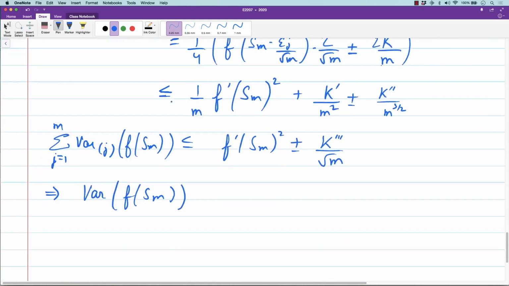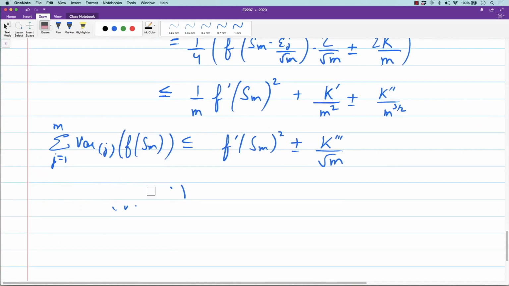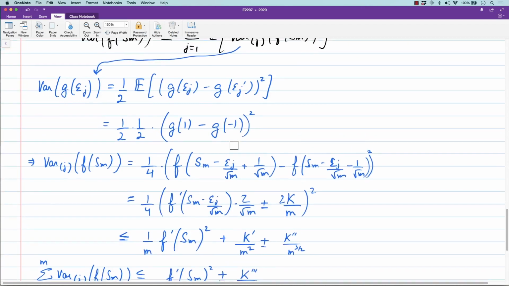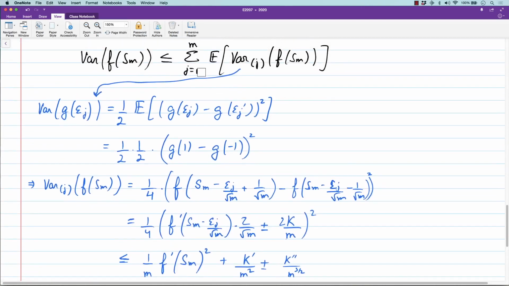Here, we change back to the black color so that we can relate to the previous inequality. Let me show you the previous inequality. Yeah, it's here.